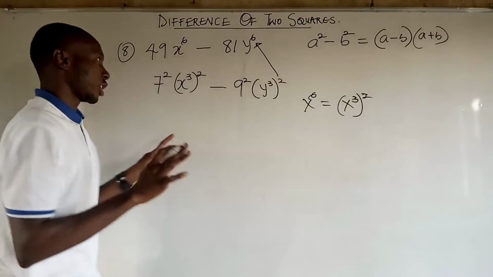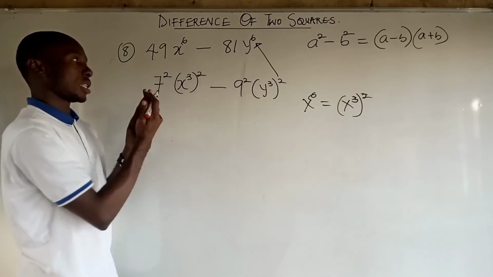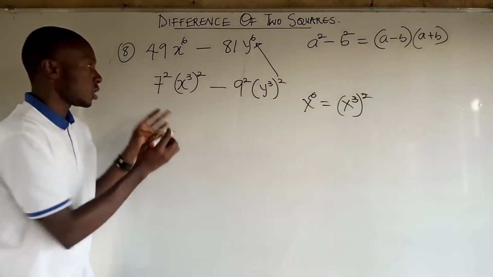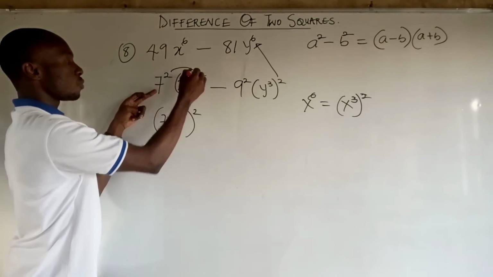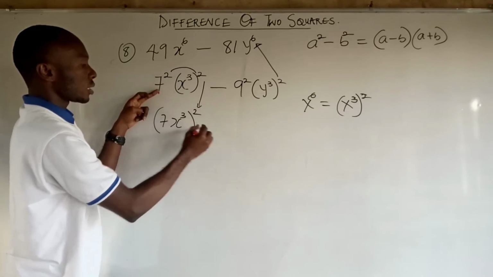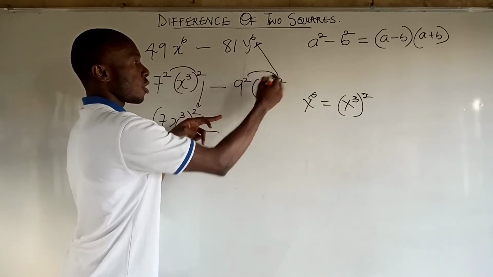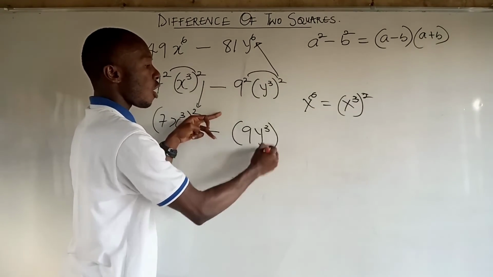No problem with that. Now the next thing you want to do is to bring their squares together so you don't get confused. So I have 7x cubed, then minus, these squares become the same, so I have 9y cubed, all squared.